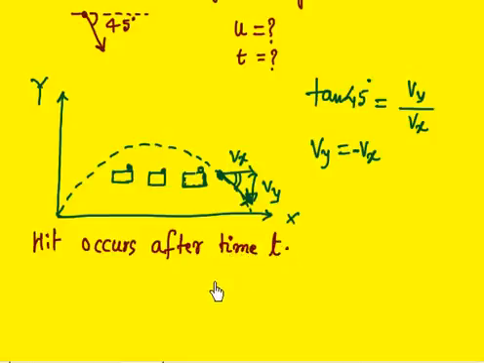So now I can calculate the velocity Vx after time t. This remains the same because horizontal velocity remains the same. Initially the horizontal velocity is u, and this has been thrown at an angle theta, so u cos theta, and this remains the same. What is the vertical velocity?